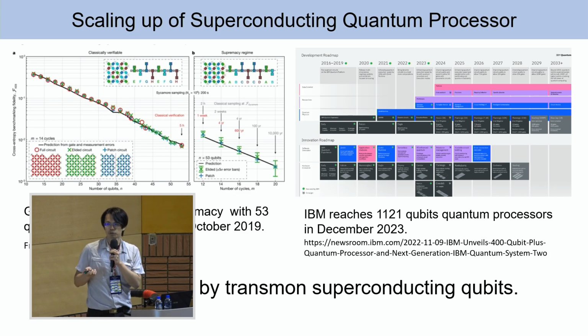And also IBM, at the end of last year, announced a 1,121 qubit quantum processor, and they have a big roadmap to reach 1 million qubits. So it looks like all the qubit development is quite mature, but I want to mention that all of this has been achieved with transmon superconducting qubits.